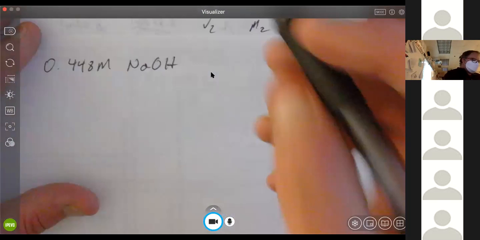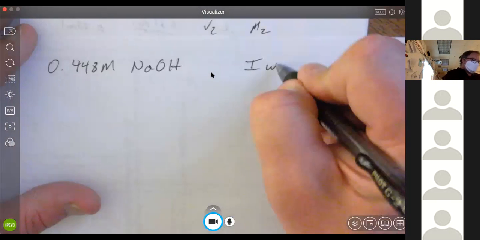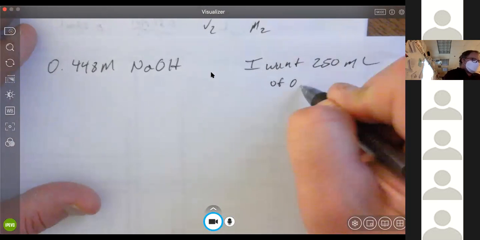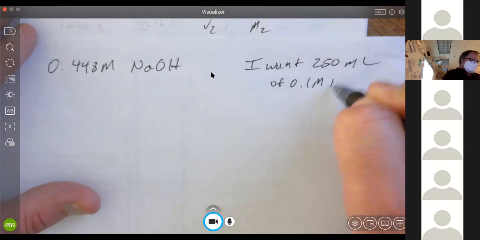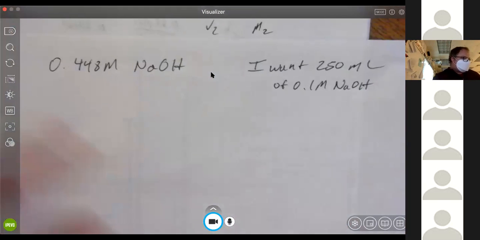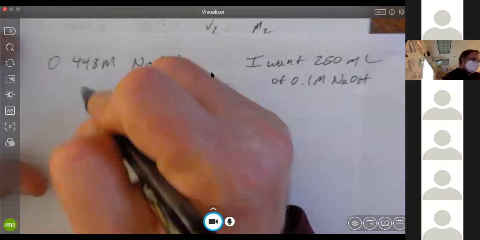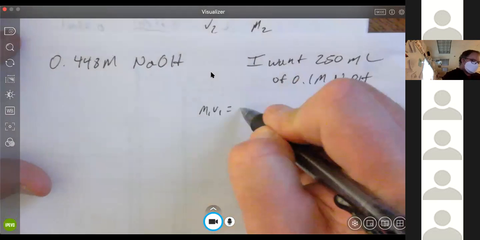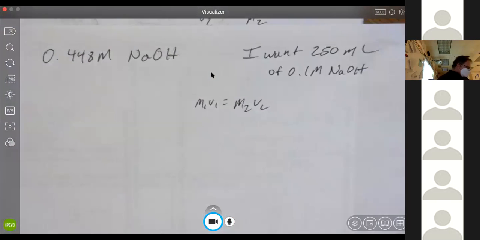I want 250 milliliters of 0.1 molar sodium hydroxide. Let's go ahead and figure out how much of this I need to start with. Got the math on that.